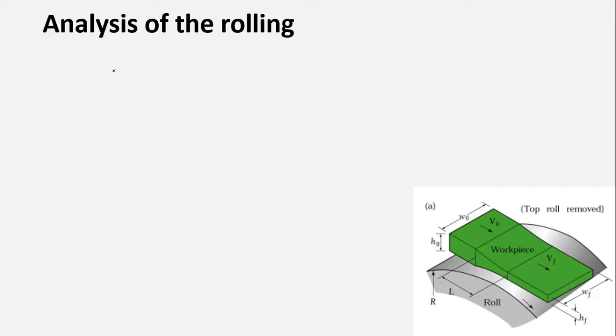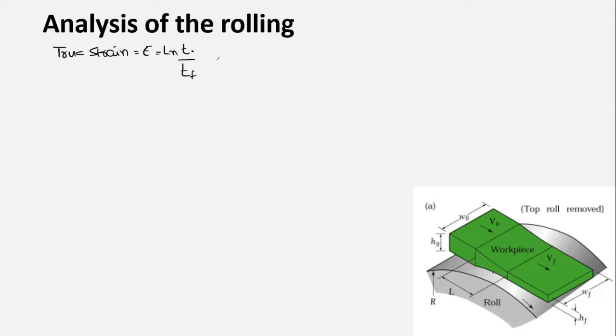So the true strain in this rolling operation, we can write as strain equals ln of T naught by Tf, right? And as we can see here, the pressure is being applied gradually.